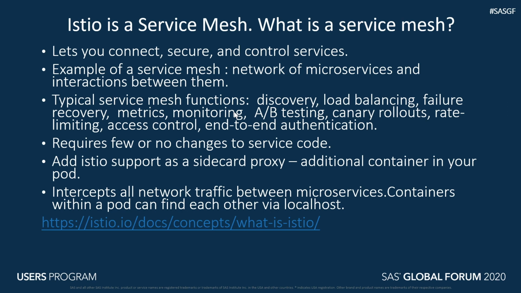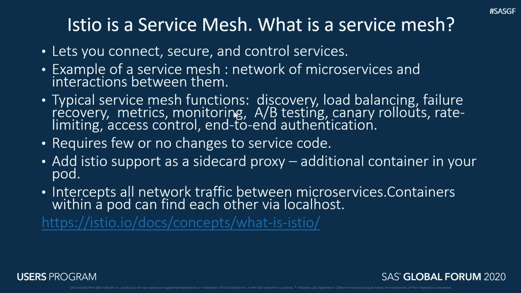That's a lot of what Istio buys you here: you can use Istio to get a lot of this functionality for free, just by having Istio installed running alongside your other containers in the pod. Istio allows these kinds of functions by installing a sidecar proxy, kind of like we talked about with an init container a moment ago.